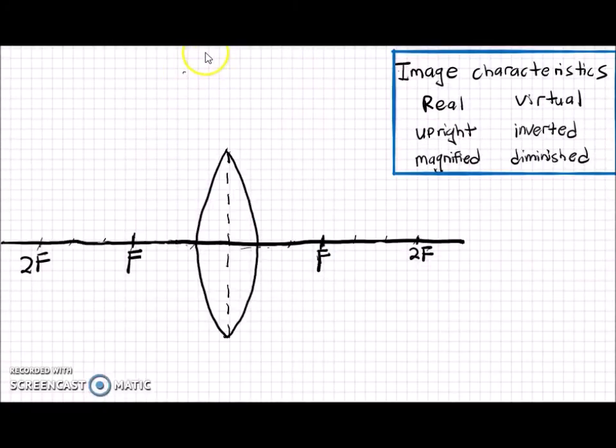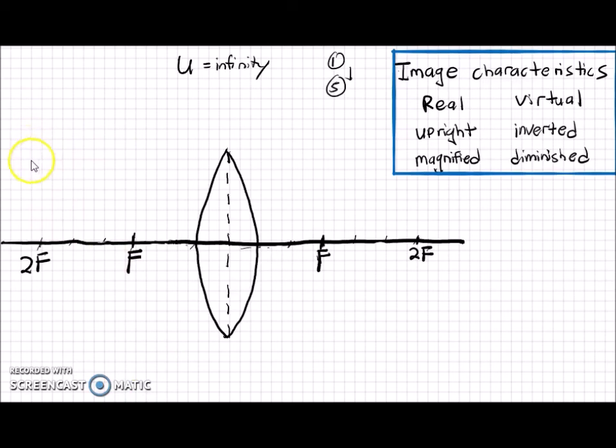This is the object location at infinity, which is very far, for example the moon or a star. So we cannot draw the same rays as we used for positions 1 to 5. We have to change here. So we can draw the lines.